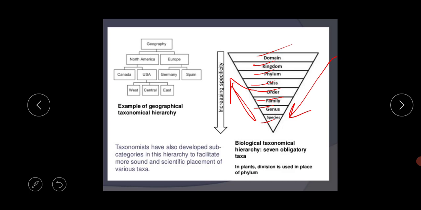Ascending order means upward. It always happens in descending order. The largest is the kingdom, then phylum, then class. The smallest category is the species. In this way we can arrange our taxonomic categories.